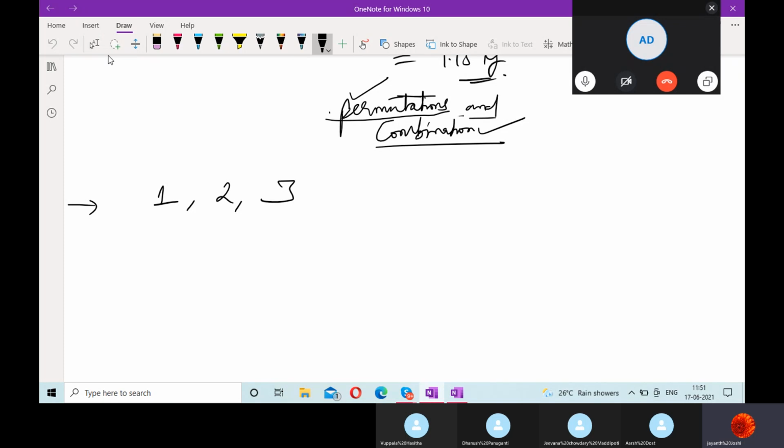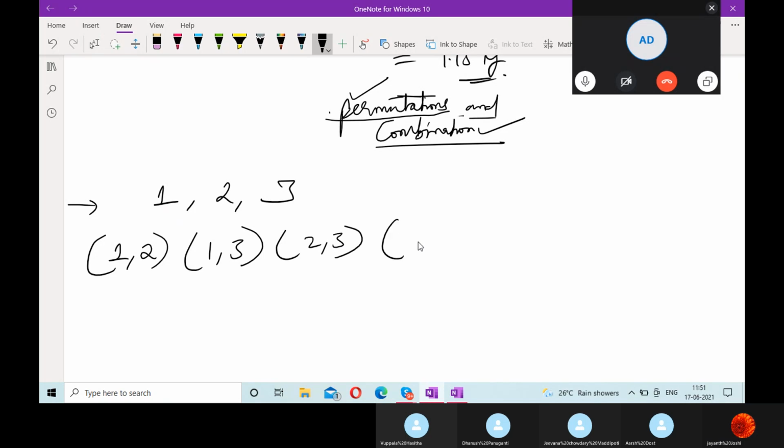If I ask you to make groups of two numbers, what you can do is select numbers and make groups, correct? You can select numbers from the given numbers and make a grouping. Suppose 1 comma 2, 1 comma 3, 2 comma 3, 3 comma 1, your wish.